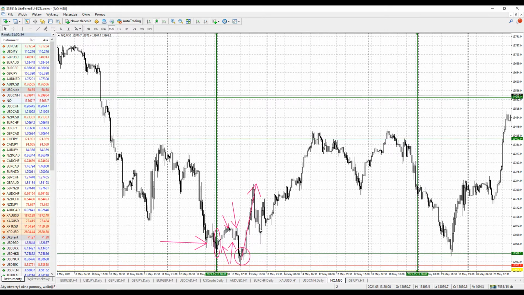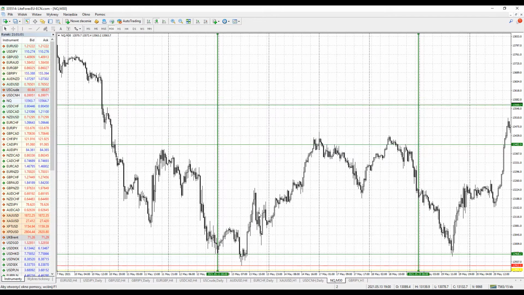The next thing, very important, was the US cash open, and we opened somewhere here. That was the US cash open.